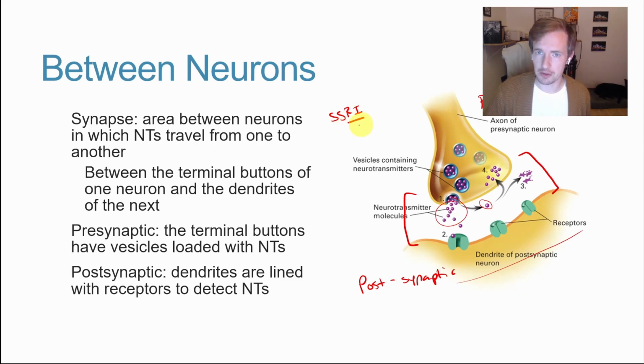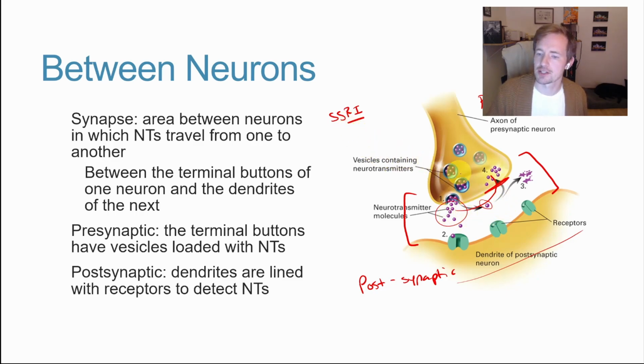Reuptake inhibitor. In other words, they're going to try to stop your neurons from reuptaking. So we got these neurotransmitters that are floating around in the synapse here. Not all of them are going to make it. Some of them, if they're out here long enough, are going to get broken down by enzymes. And basically, what these reuptake inhibitors do is they stop or reduce those neurotransmitters from coming back into the cell. If you have too much, they can be reabsorbed back into the cell.